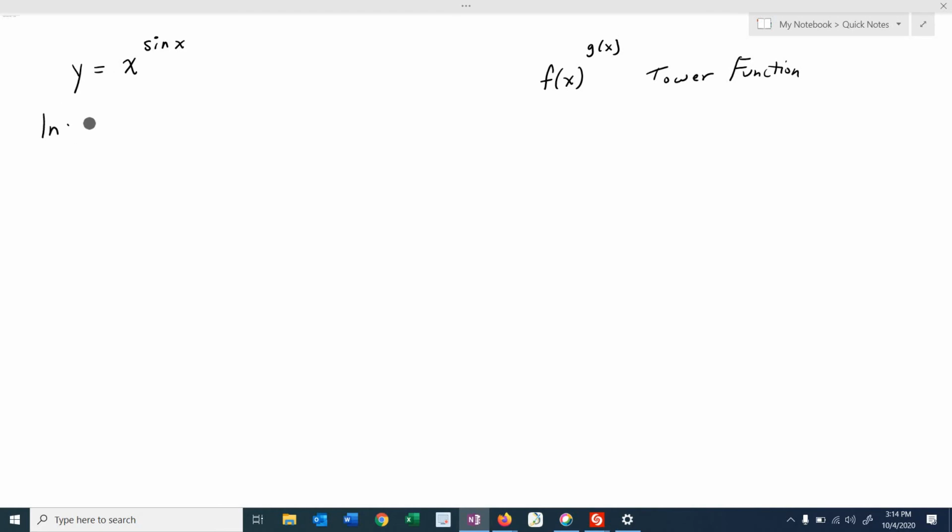So let's take the natural log of both sides. Okay, and remember, we're trying to find dy dx. But we're going to do it implicitly, using implicit differentiation. So now we take the derivative of both sides with respect to x.